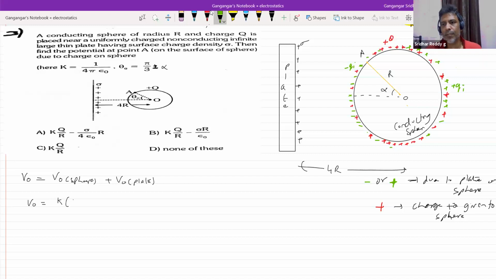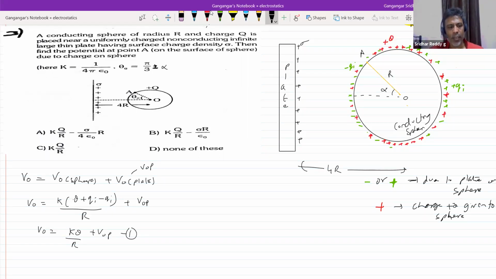Do I agree? So this should be plus Qi minus Qi by R. Potential at point O due to plate, we don't know this one, no? So call this VOP due to plate. So this should be VO equal to KQ by R plus VOP. Call it equation 1. Similarly, potential at point A.